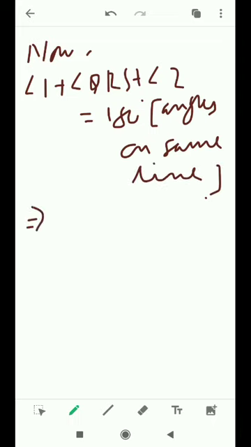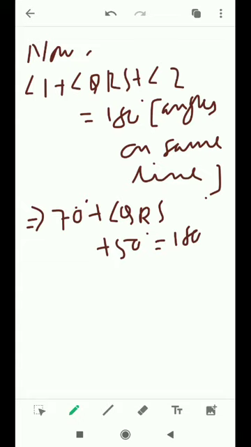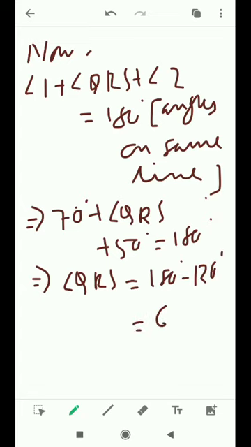So angle 1 is 70 degree, plus QRS we need to find out, and angle 2 we have got 50 degree, is equal to 180. So QRS will be equal to 180 minus 70 plus 50, 120. Directly I am subtracting. So 60 degree is the answer. So this is question number 4 done.